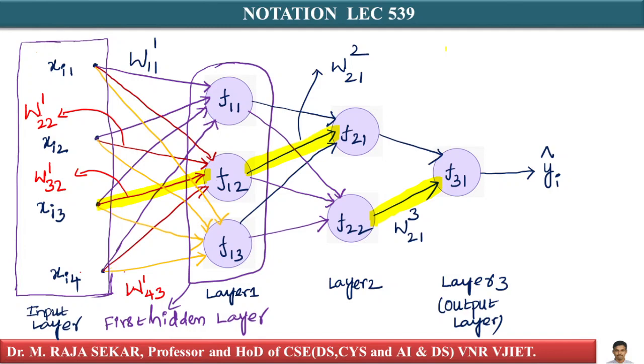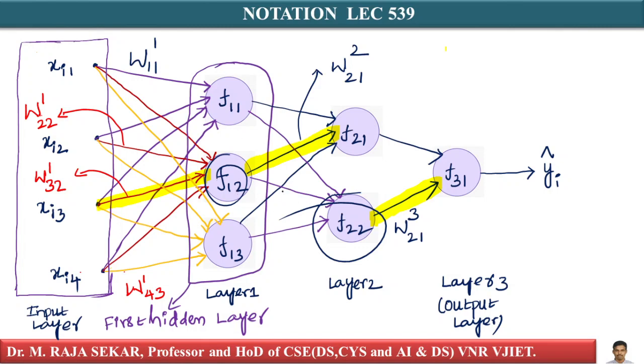Now let's take F12 to F22. It's going into layer 2, from the second neuron to the second neuron. It is going to layer 2, therefore what will I write?